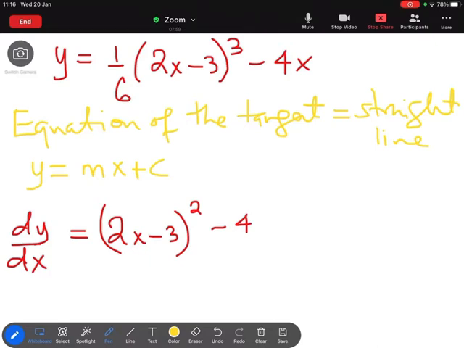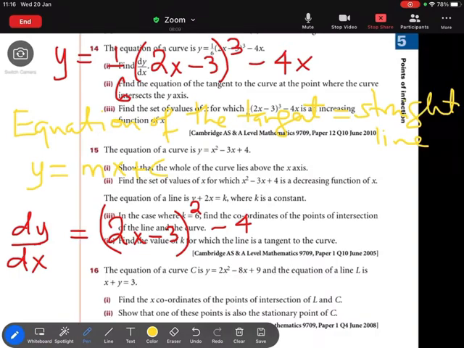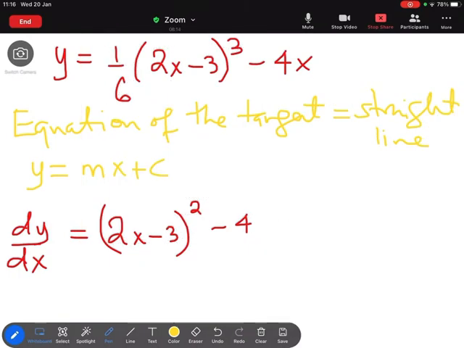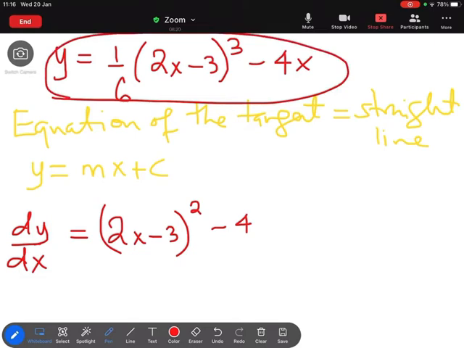Now, we need to know the point whereby the tangent meets the curve, and we are told from the question that it is the point where the curve intersects the y-axis. So the original curve, at what point does it meet the y-axis?